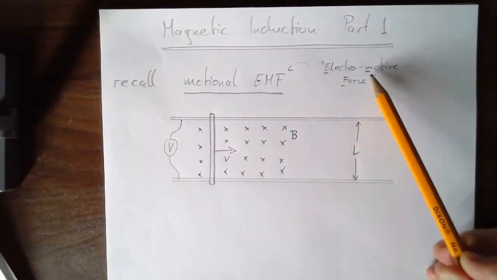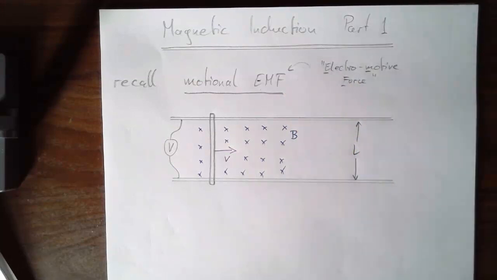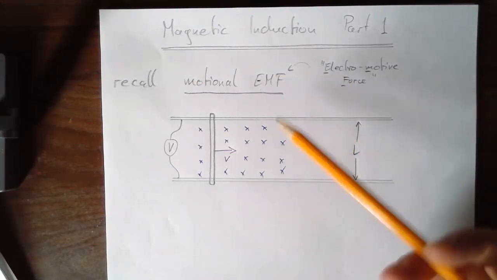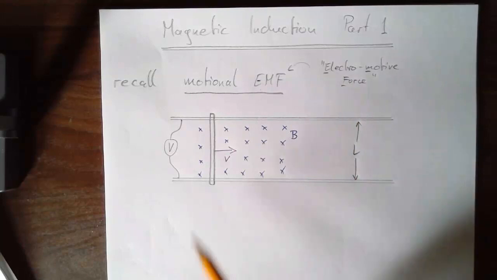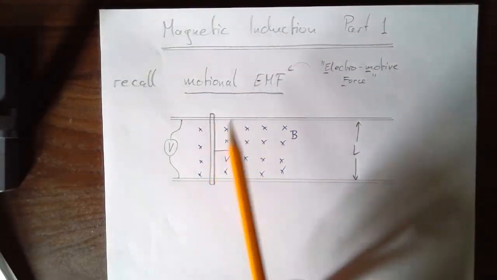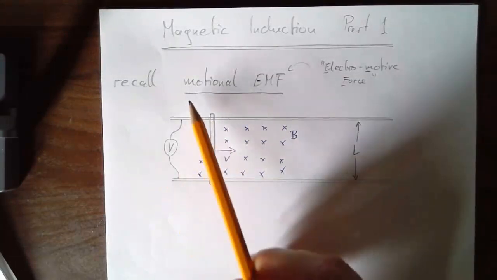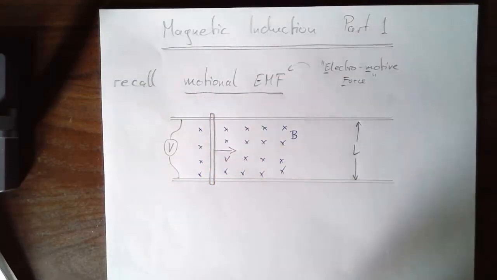EMF stands for electromotive force, which is a very silly name because it is not a force, it's a potential difference, but it's a historical term. We call this type of EMF, created by having a conductor move through a magnetic field, motional EMF because it's created via motion.